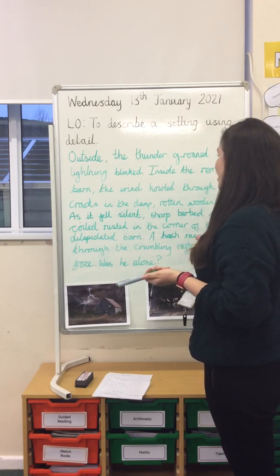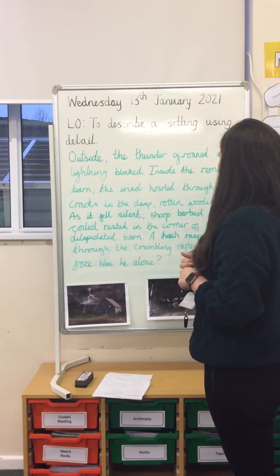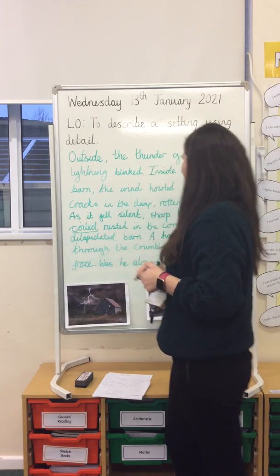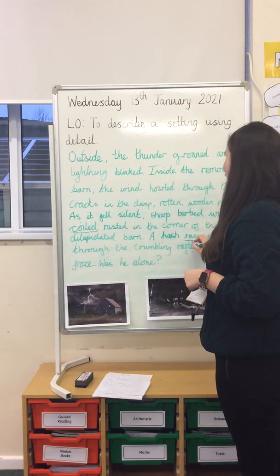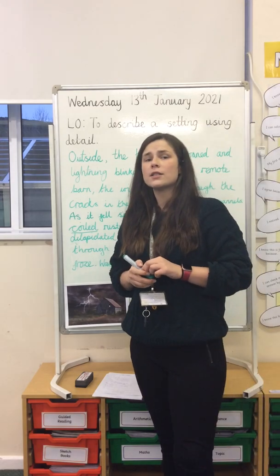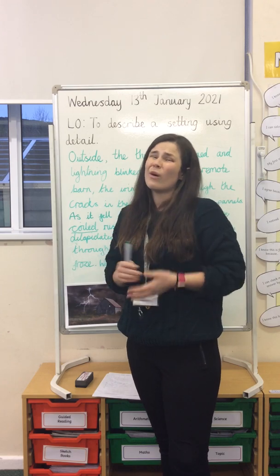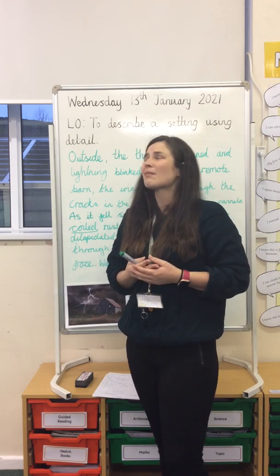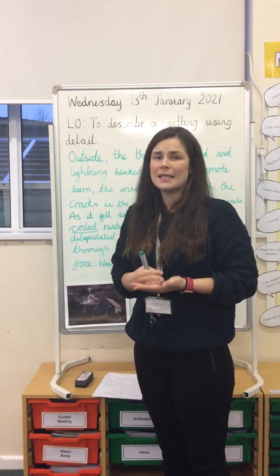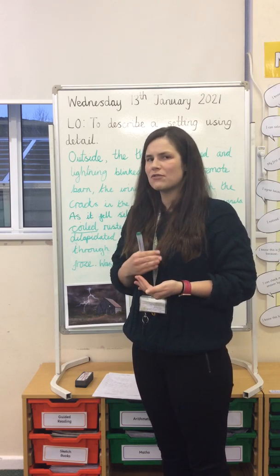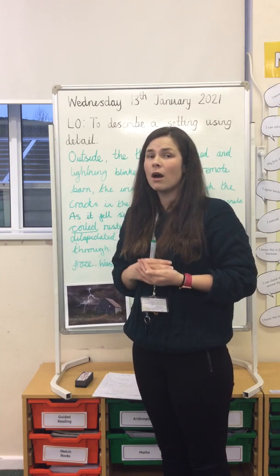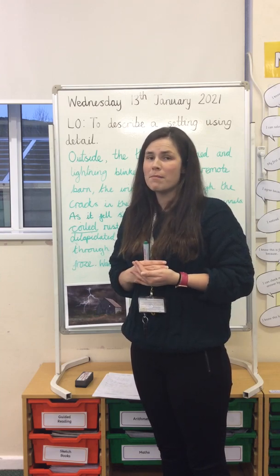I didn't know yesterday that actually we could use coiled. There's rasp that I learnt yesterday. What other words could you use? Outsmarted doesn't really describe a setting. Think about setting. It's in your learning objective, it's really clear. Have your best shot at it, and I can't wait to read your amazing work.